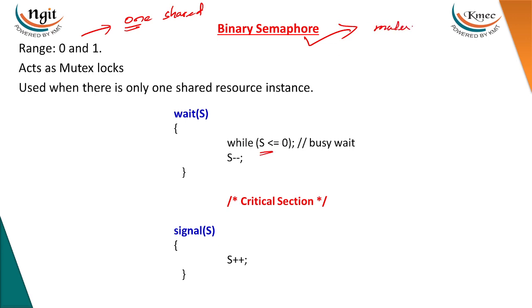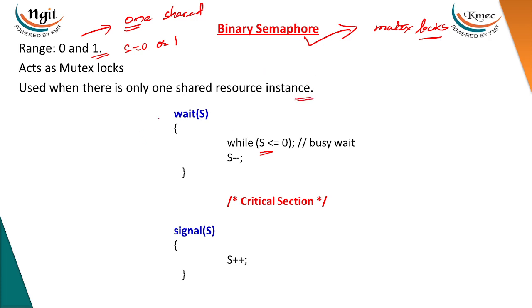Usually these binary semaphores are used as mutex locks, mutually exclusive locks. The range of this binary semaphore, that is the s value, will be either 0 or 1. It is used when there is only one shared resource instance.